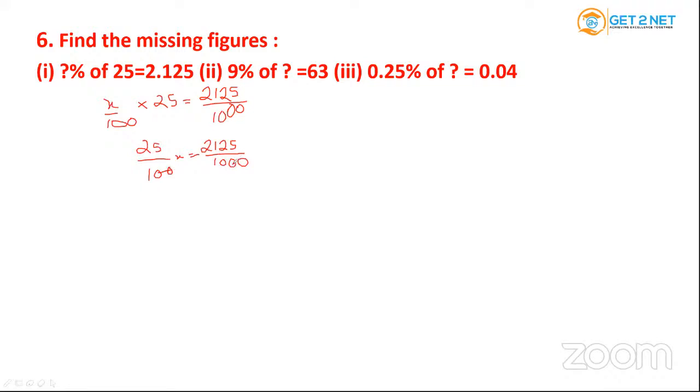I can deduct it directly here, right? So now 250x, cross multiply. 250x is equal to 2125. In fact, you can deduct the numerators also, no problem, but do it this way. So what will be x? X is equal to 2125 divided by 250.